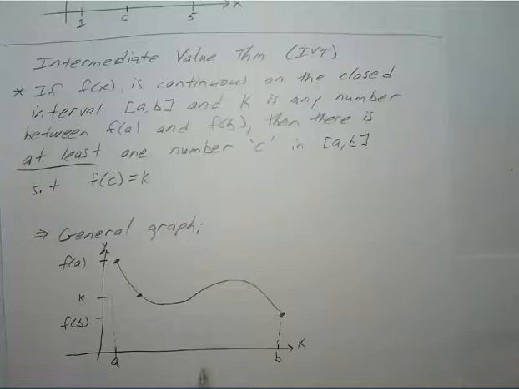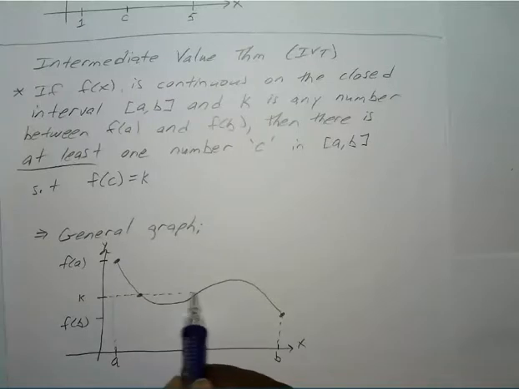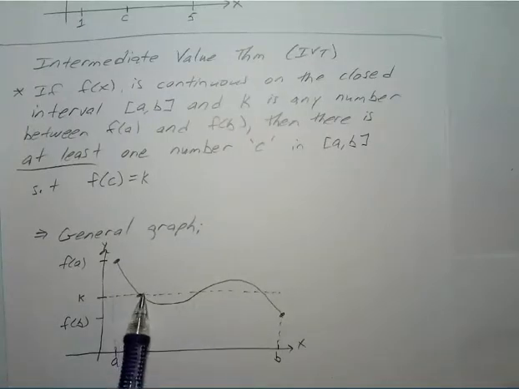Then there exists at least one c value. I'm going to draw a line through that k value.